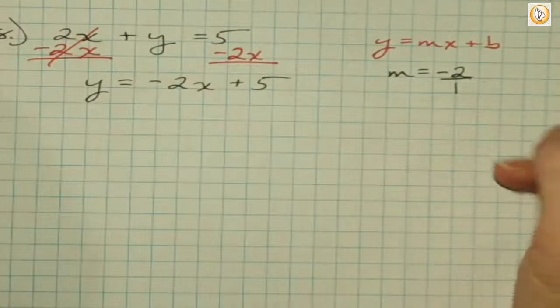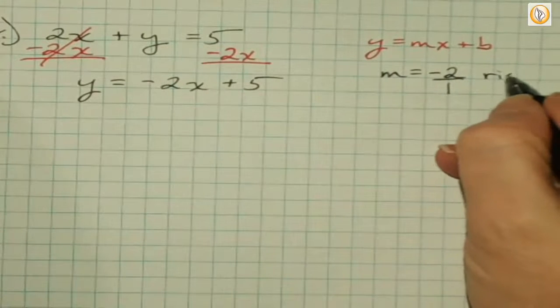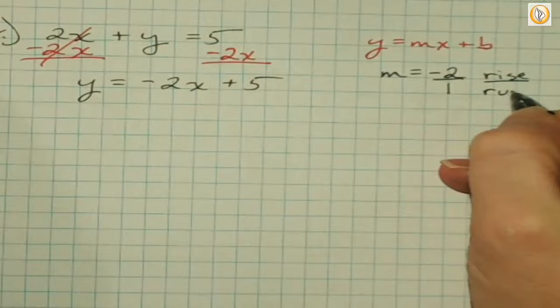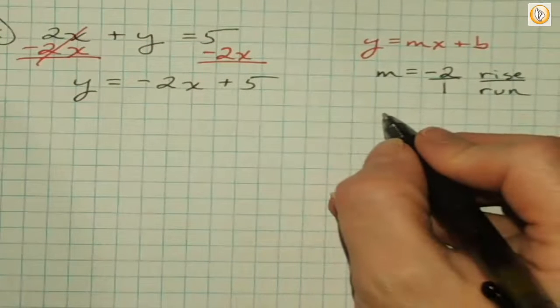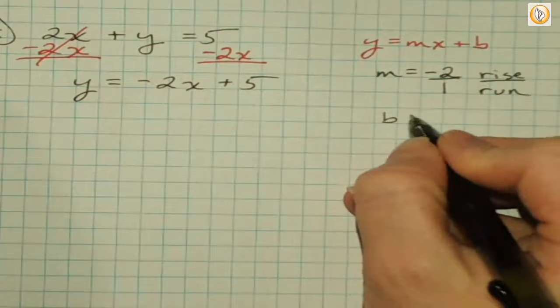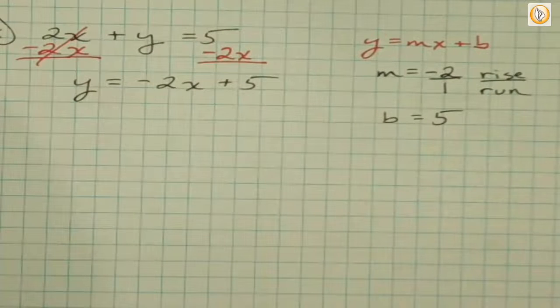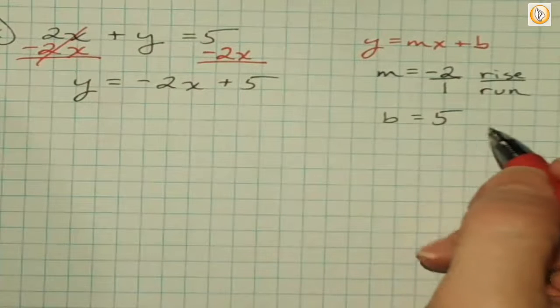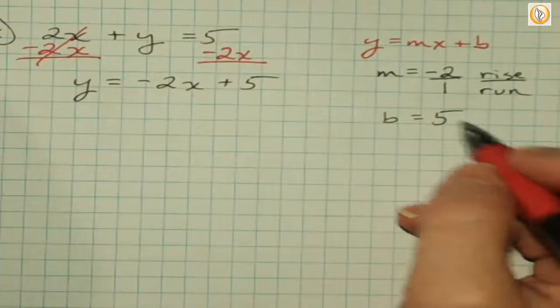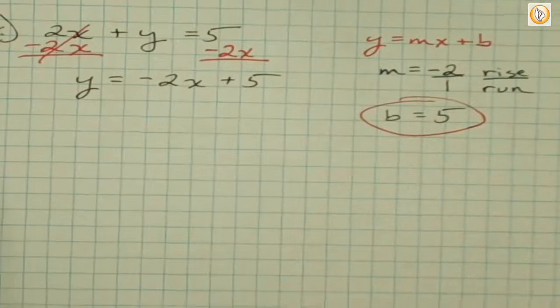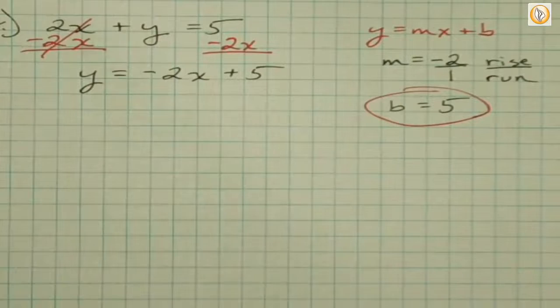There you go. We want to put it into the rise over run kind of format, okay? Be careful with that. What is your y-intercept? 5. Very good. What do I plot first? So you want to plot 5 first. Good. All right, I'm going to draw my graph.